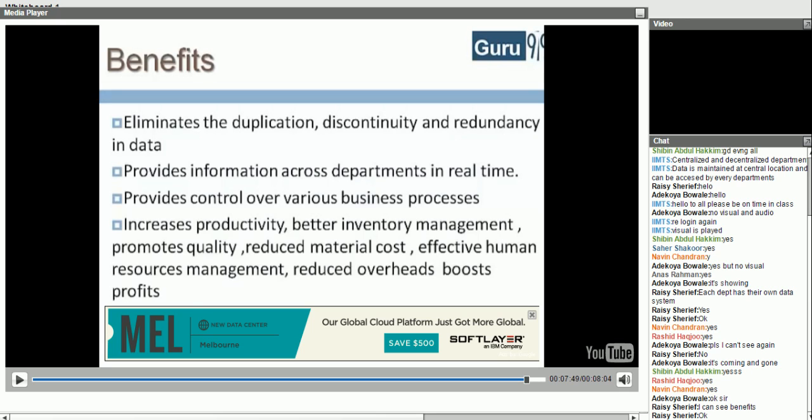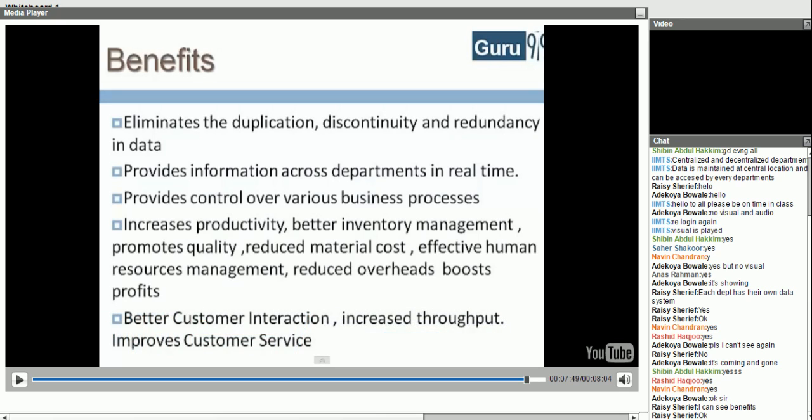Number three, it provides control over various business processes, increases productivity, better inventory management, promotes quality, reduced material cost, effective human resource management, reduced overheads, boosts profits, better customer interaction, increased throughput, and improves customer service. So these are the benefits which you will be getting once you have the centralized ERP system.